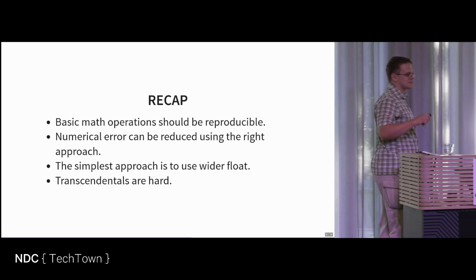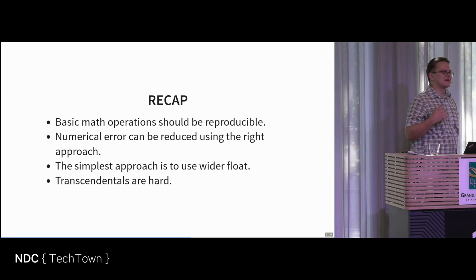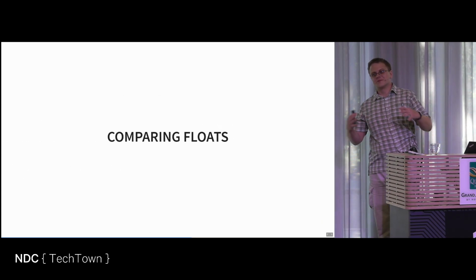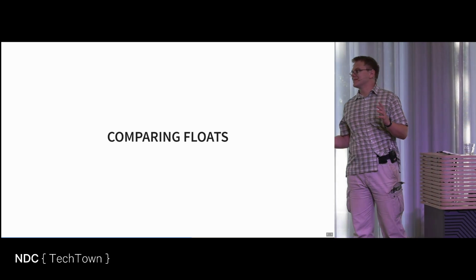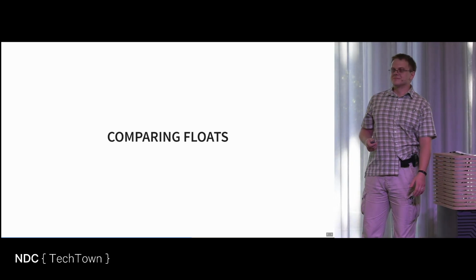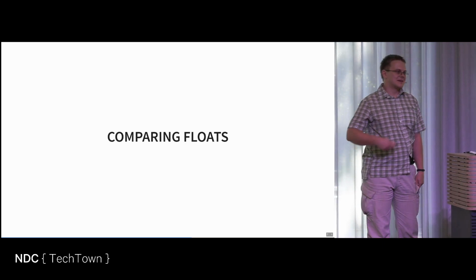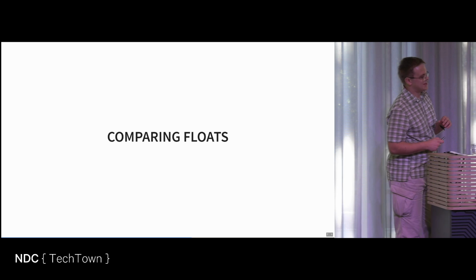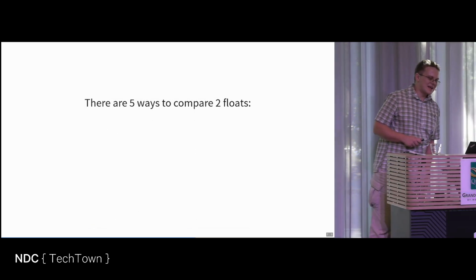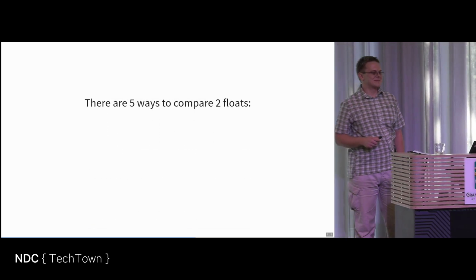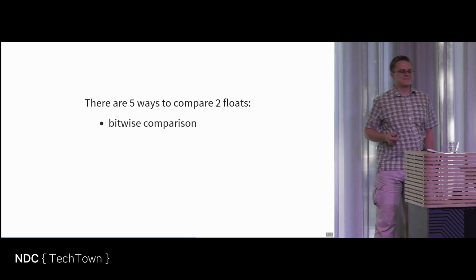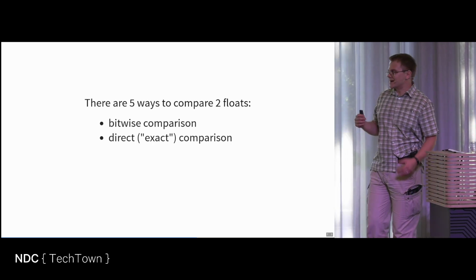Okay, we will continue. So now we have some numbers. We probably computed them correctly, maybe not, but we need to compare them because that's what we often do, right? We need to test whether we computed them correctly and so on. So this will be fun because there are 5 basic ways to compare floats. You can do bitwise comparison. You can do direct comparison.